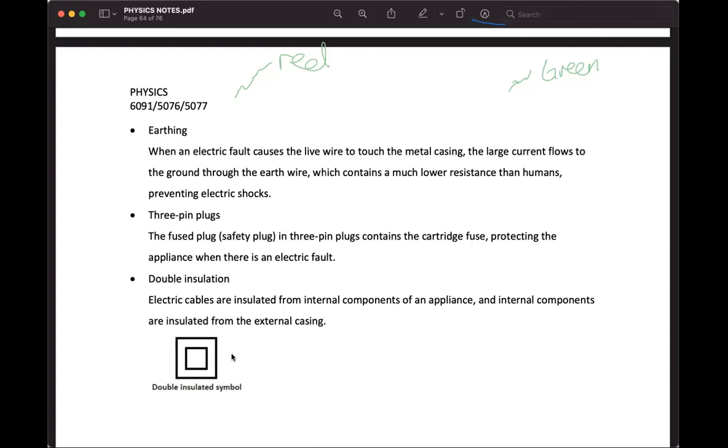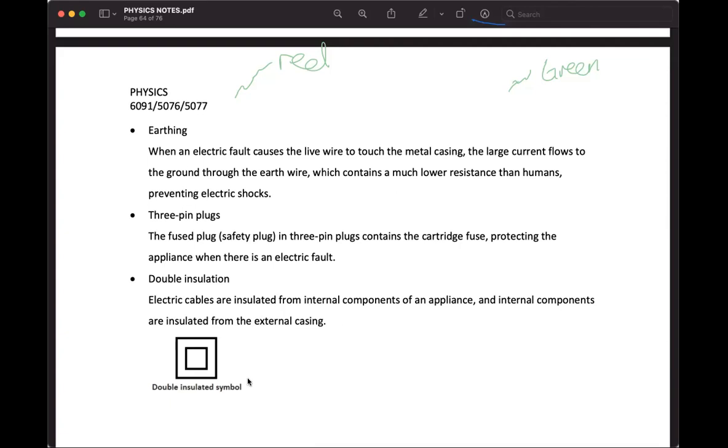And lastly, the double insulation. If your electrical appliance has this symbol of 2 boxes, or the Chinese character of Hui, it means that your appliance is insulated 2 times. Is that clear? So when you see this, it means that your appliance is safer to use.